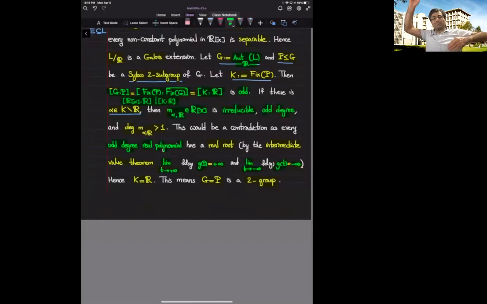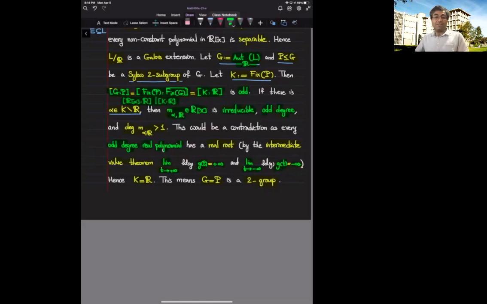At some point it's plus infinity, at some point it's negative infinity, so it should meet the x-axis in the middle at some point. That means that at some point the value of g should be 0. If the leading coefficient is negative, then as we let t go to plus infinity, the value goes to negative infinity, and when we let t go to negative infinity, it goes to plus infinity.